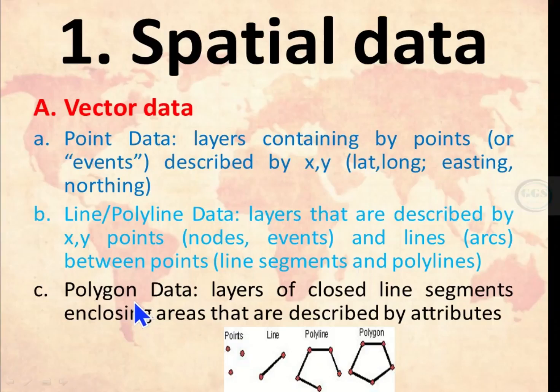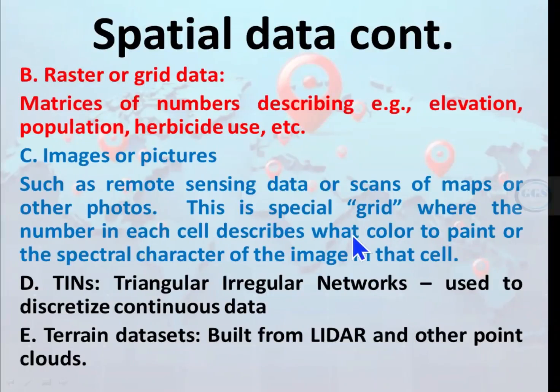Then it can also be a polygon data. A polygon data is a series of points connected together to form an enclosure, just like this. Series of points joined together to form an enclosure. So this is spatial data. Then spatial data can also be a raster or grid data.